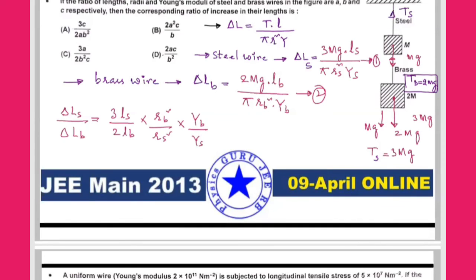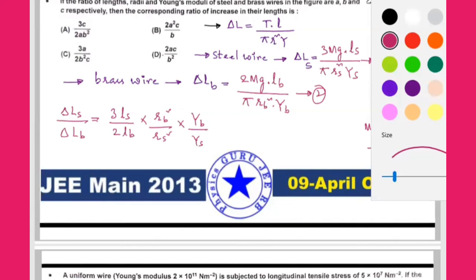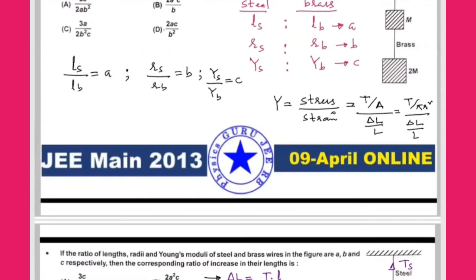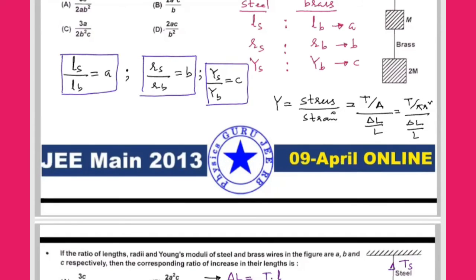So simply now we have to substitute all the values. When I substitute, LS divided by LB is a, rs divided by rb is b, Ys divided by Yb is nothing but c. Hope this is clear.